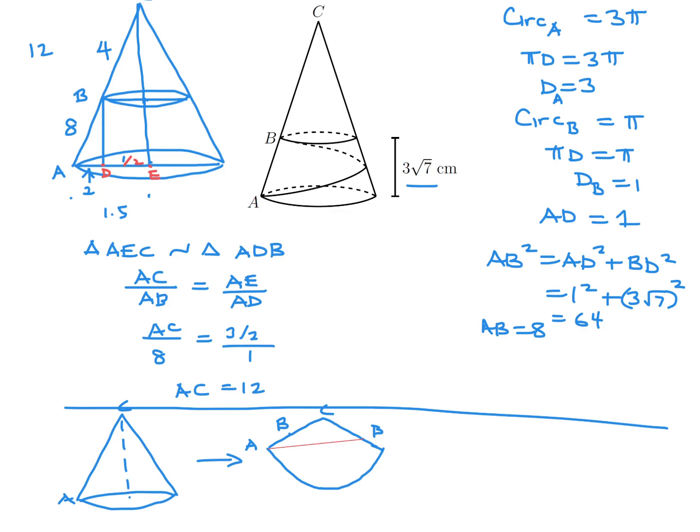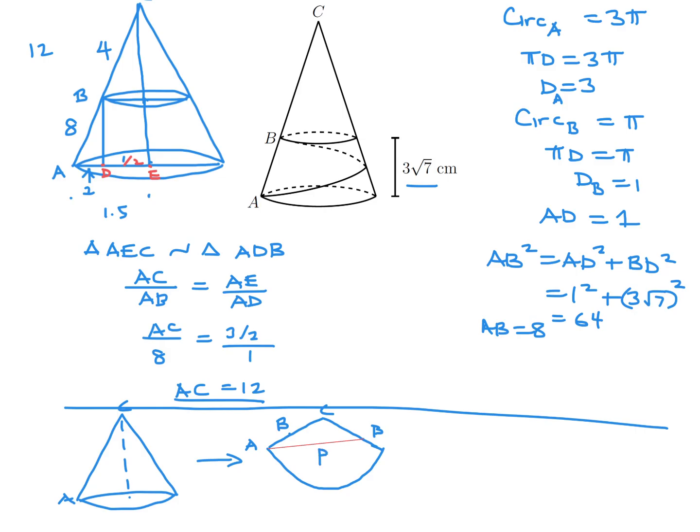And then we know that AC is 12. We just figured that out. So that side is 12. ABC, got it. And then A to B, that represents P.